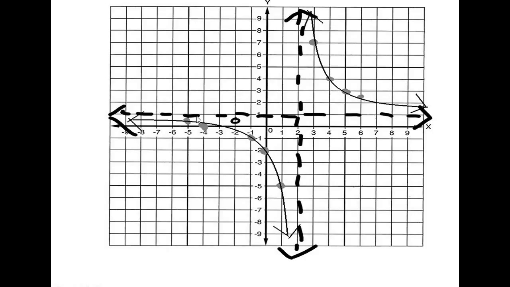What I've done here is put in dotted lines for my asymptotes, a circle indicating my hole, and the extra points to make sure the graph is as precise as possible. I also have the x and y intercepts, and then I connected all of this with a nice smooth curve, which gives me my rational graph.